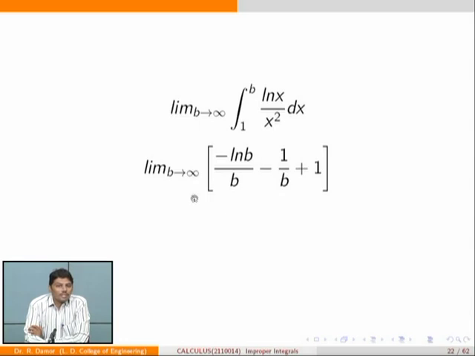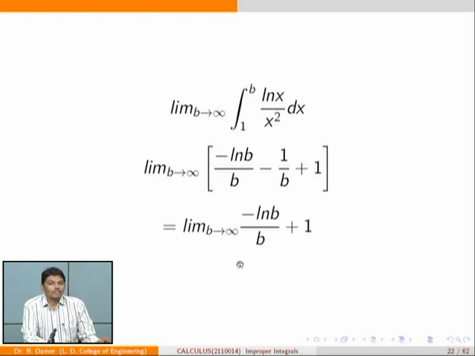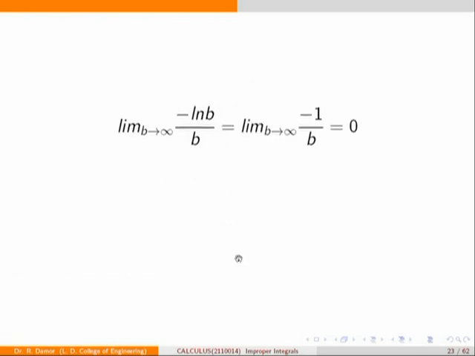The L'Hopital rule says that for the limit as x tends to a of f(x) upon g(x), if this is of the type 0 upon 0 or infinity upon infinity, then you directly rewrite this as the limit as x tends to a of f dash x upon g dash x. So I can apply the L'Hopital rule here. The limit as b tends to infinity of ln b upon b: this is my f(b) upon g(b).